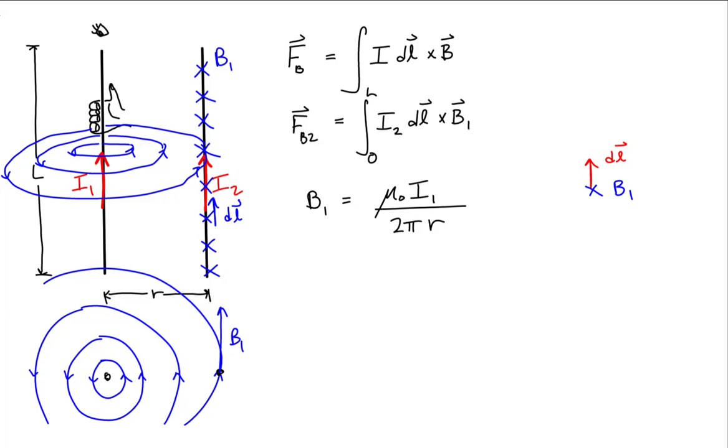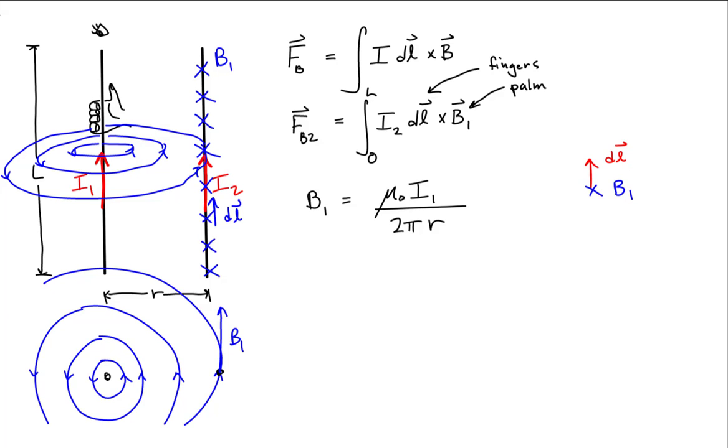And we also know that the direction of the magnetic field due to wire 1 is pointing straight away from us. Now, we could use the right-hand rule, or the version of the right-hand rule that says we place our fingers in the direction of the first vector. In this case, the fingers will be in the direction of the displacement differential, and then our palm will face the direction of the magnetic field.